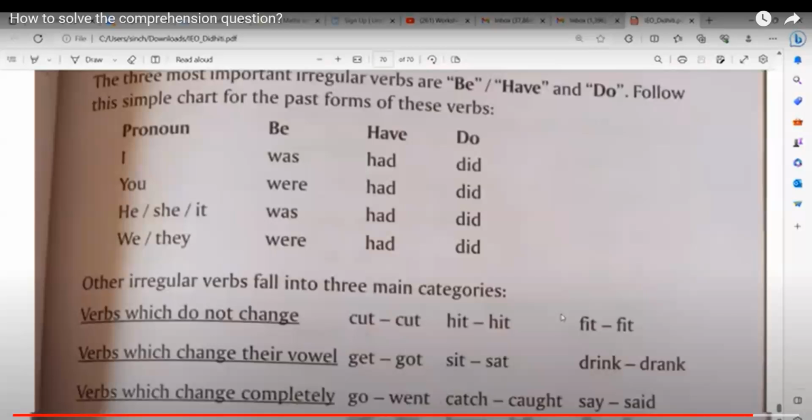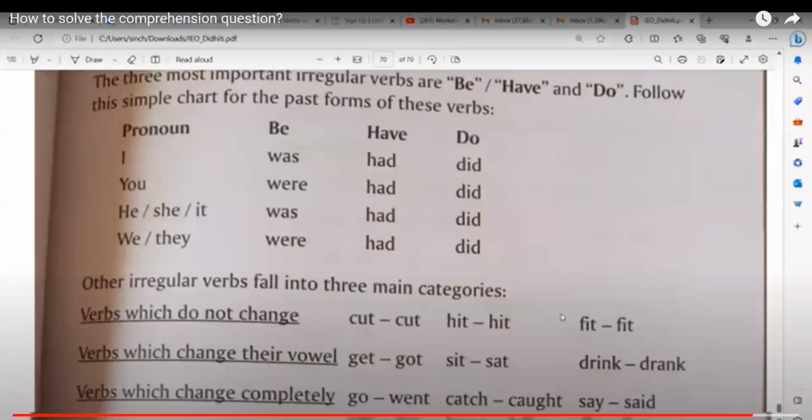And verbs which change completely are called irregular verbs. Okay, very good, Abhishekta.